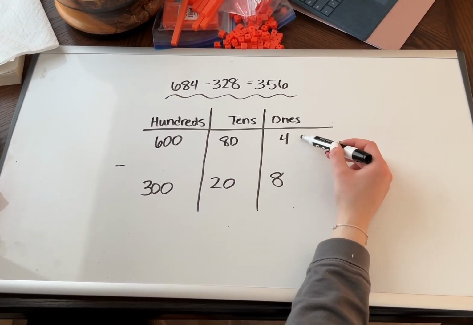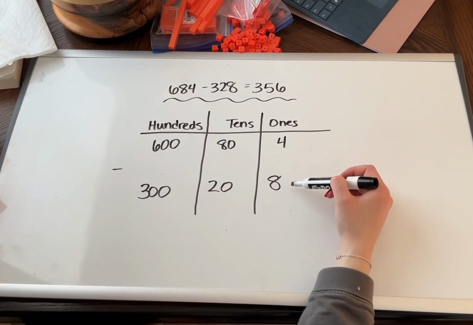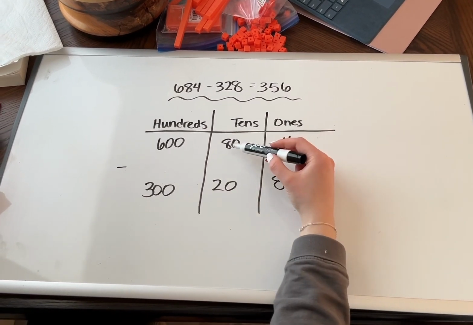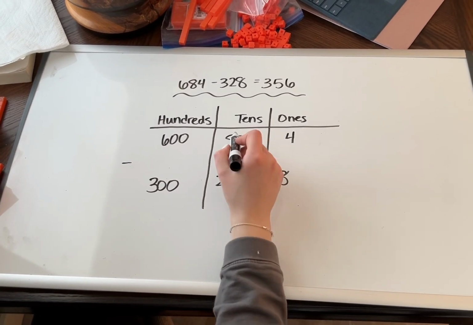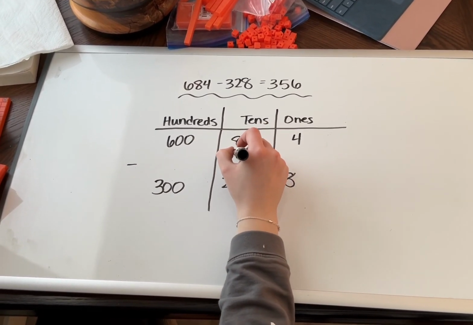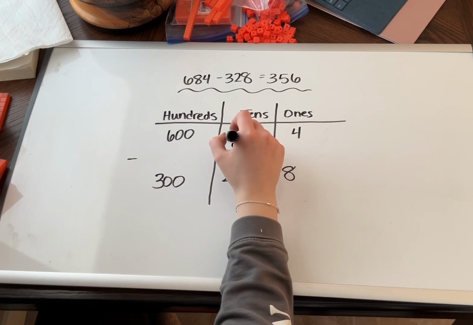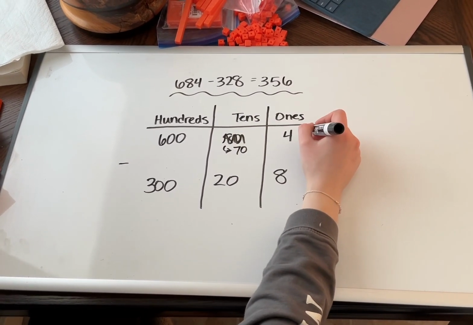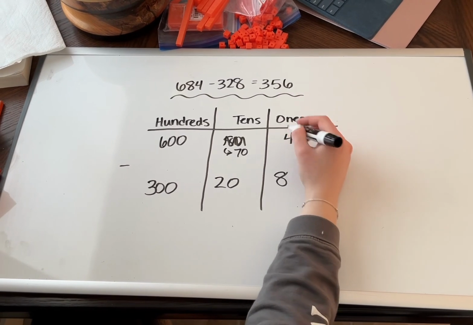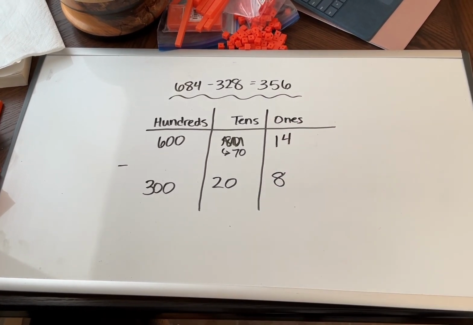I see that I do not have enough ones to take away 8. So I'm going to have to borrow a 10 from over here. So this is going to actually become 70, not 80. And then I'm going to turn that into 10 more ones over here. So I'm going to have 14 ones.